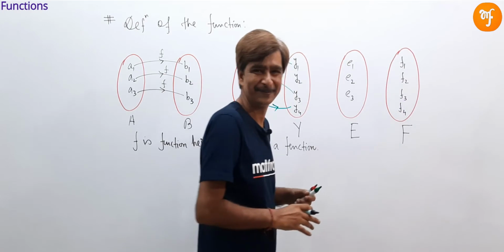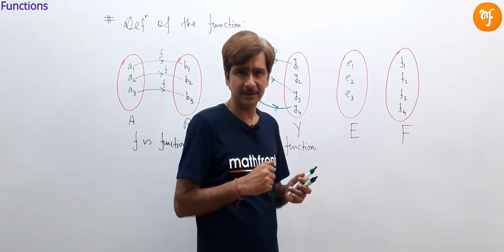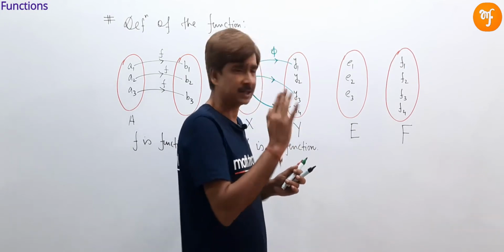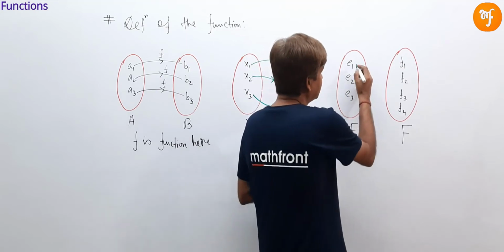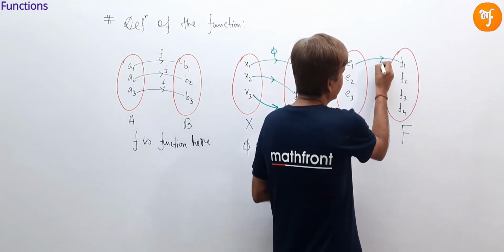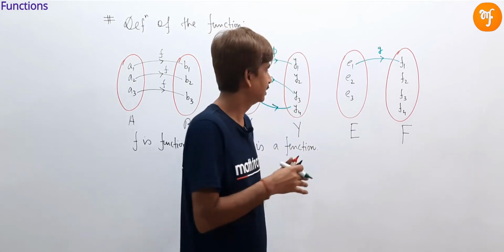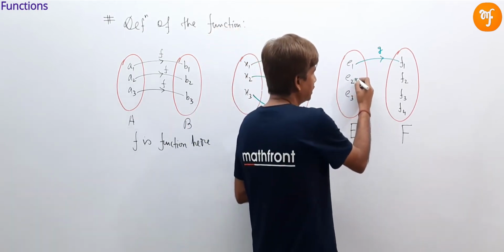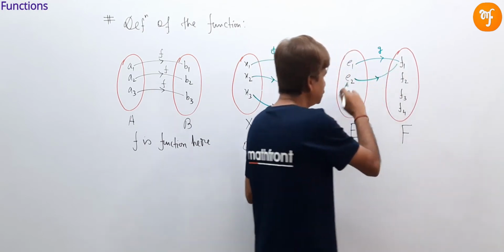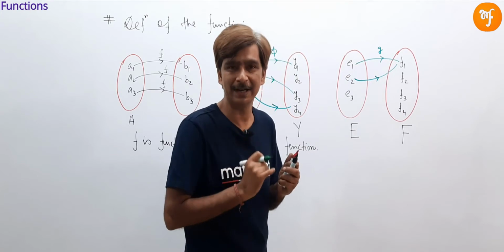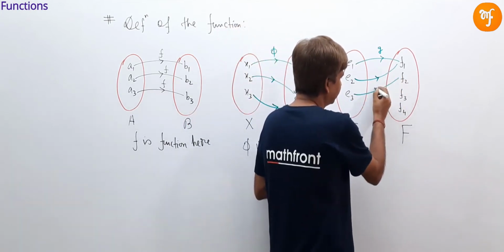Is it clear? Now, let G be a function or a relation such that the element E1 has G image f1, that is G of E1 is equal to f1. Similarly, element E2 also has G image f1, that is G of E2 is also f1, and the element E3 has G image f2.